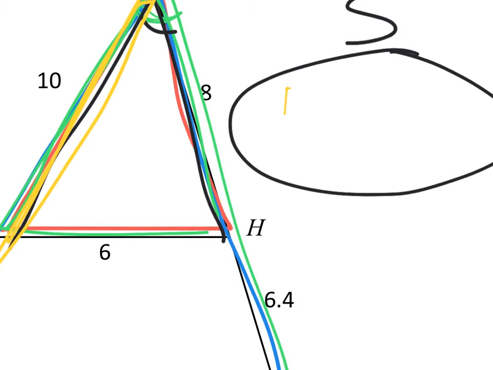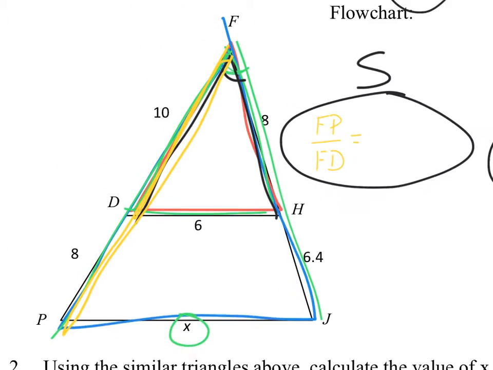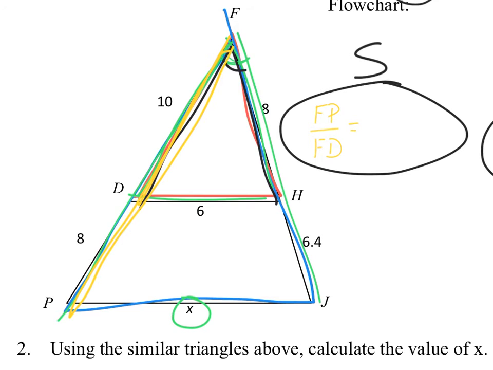So I'm going to say FP divided by FD, and that is going to be equal to the ratio of the entire length of FP, that would be 18, 10 plus 8 is 18, that corresponds to FD, that is 10, or 1.8. Okay, so that's a number, 1.8.